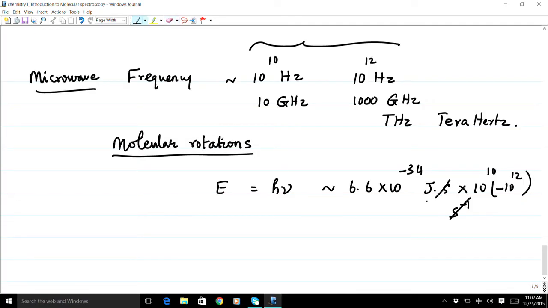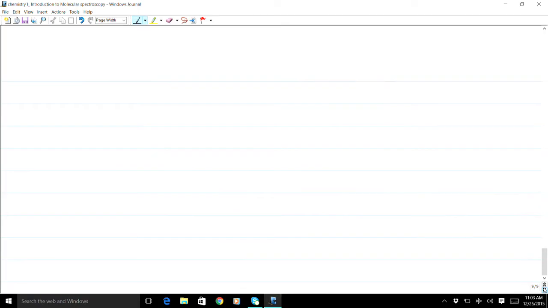Therefore that goes away. So you are looking at the energy ranges between 6.6 times 10 to the minus 24 to 10 to the minus 22 joules.